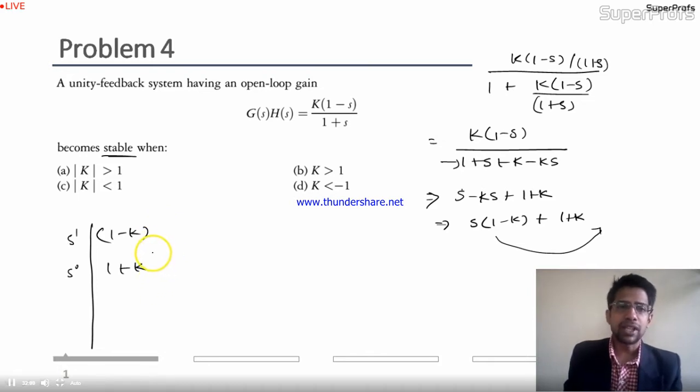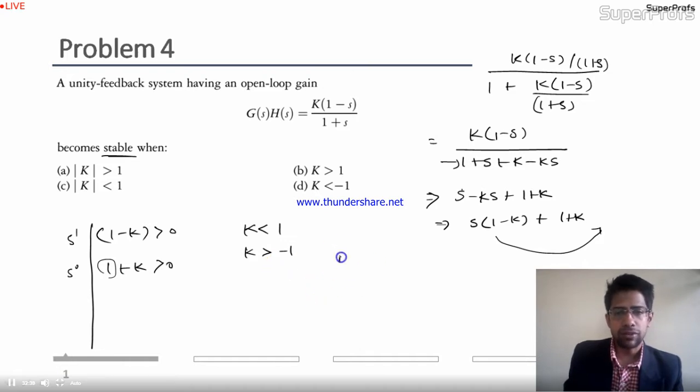So let us find out for any one of the conditions. In either case, we are going to get the condition on K, because as you can see there is 1 minus K and 1 plus K. So this should be greater than 0 and this should be greater than 0. So if you shift K on this side, you get K less than 1, and if you shift this one on this side, you get K greater than minus 1.